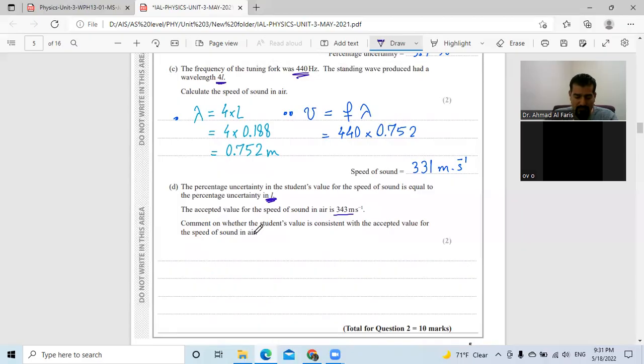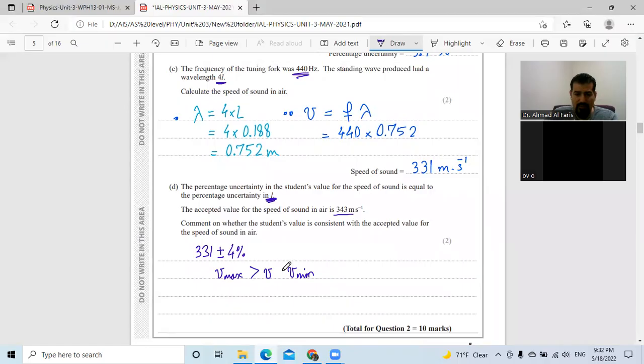Now we know that the speed of sound in air is 331, so I would say it will be plus or minus 4%. That means we need the maximum speed and the minimum speed. It will be from what to what?